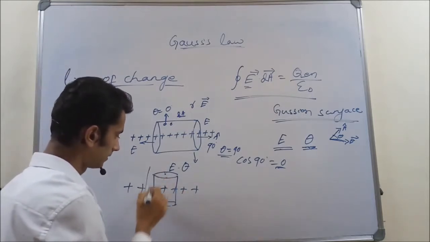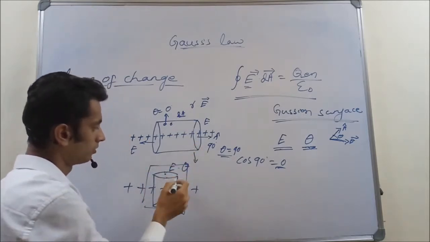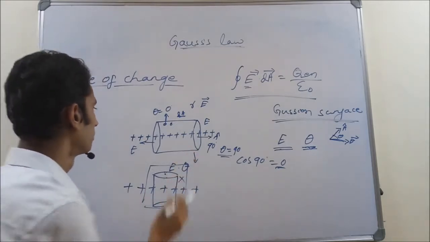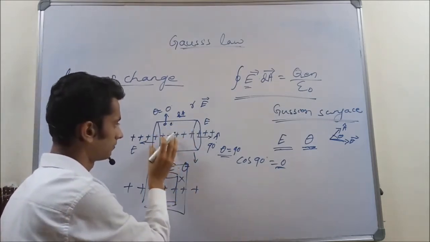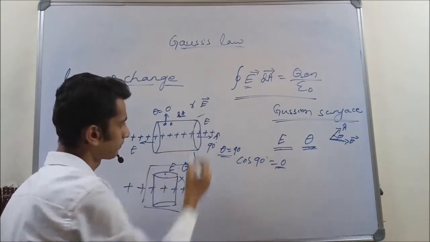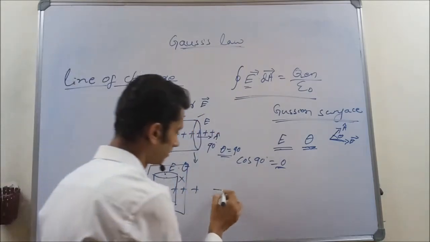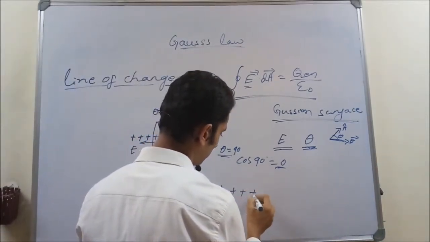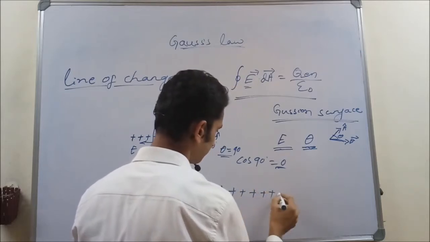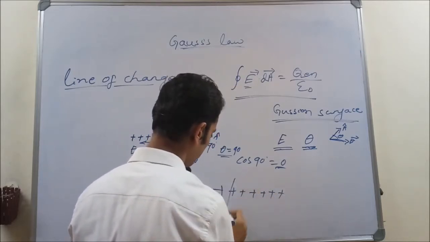So you can't choose a cylinder like this as our Gaussian surface. You have to take the cylinder as our Gaussian surface for a line of charge like this only. If we take a cuboid as our Gaussian surface, then what will happen?